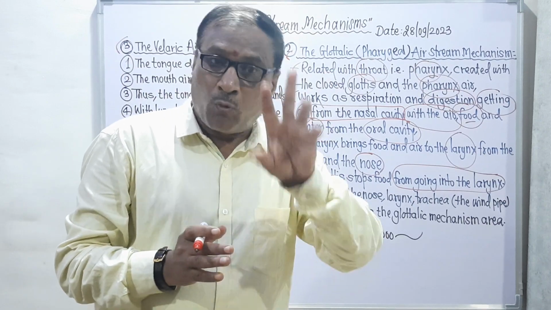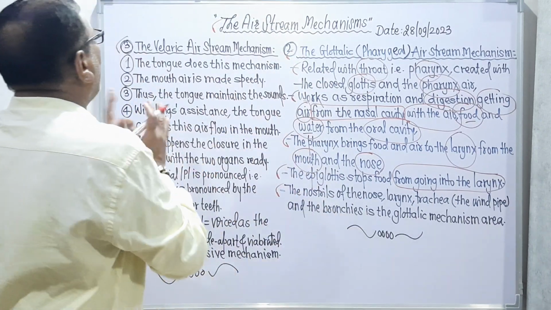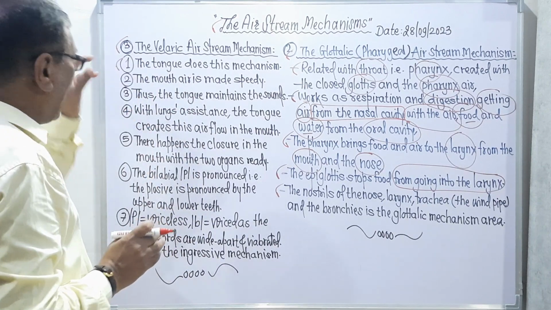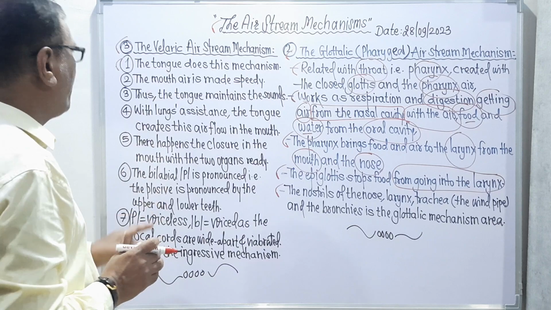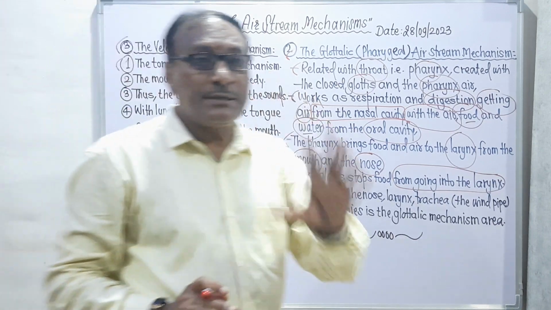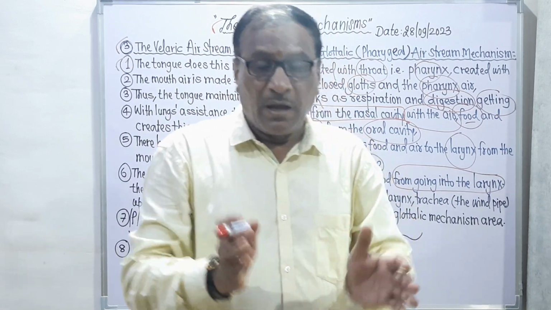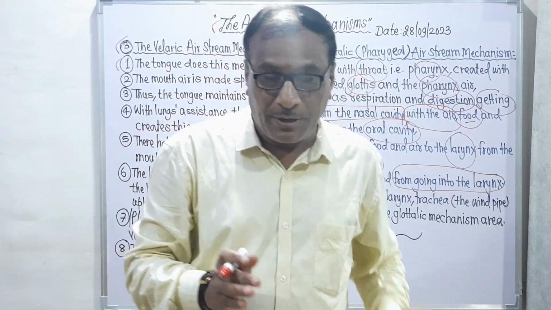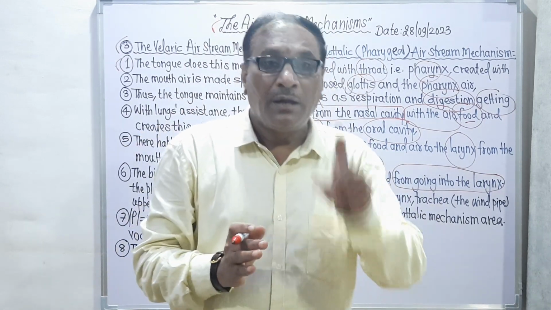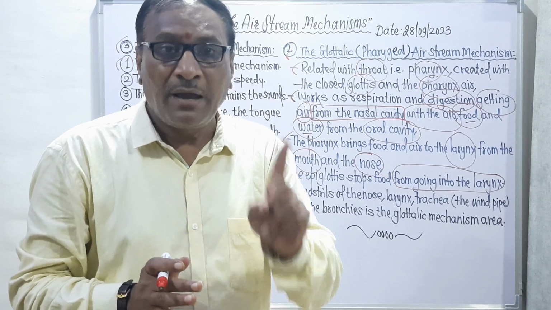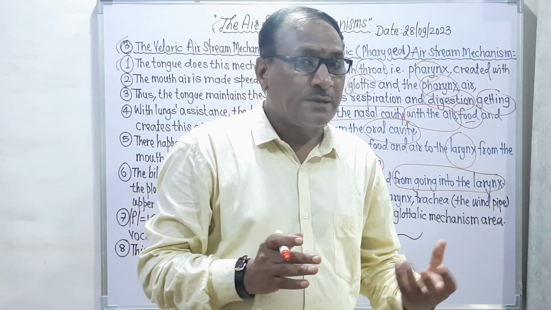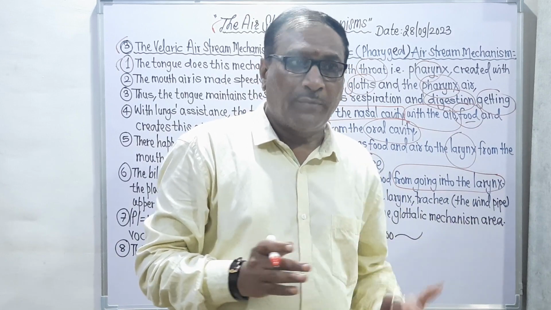So now, what is the velaric airstream mechanism? We will see. Remember, the velaric airstream mechanism is related with the tongue. The tongue is the main organ, the main part, the main section through which this mechanism works.